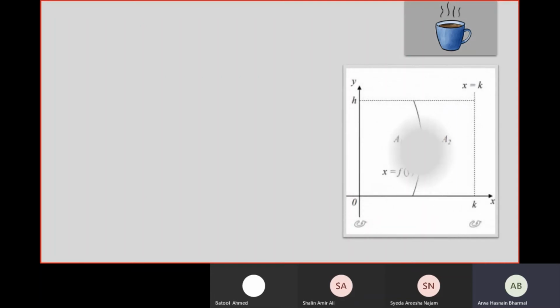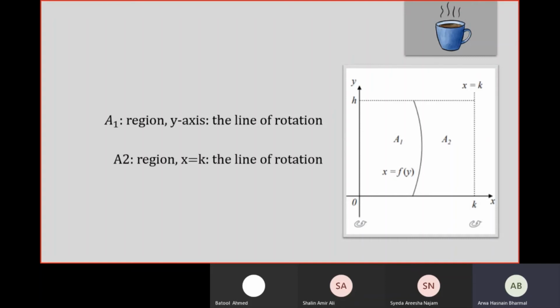Now, if we consider the problem at hand and we apply Pappus' theorem on this problem, we can see that there is this region A1, which we can consider as a region D, and the line around which it revolves is the y-axis. And then there is another region which is A2, and the line for it is the line x equals k, around which it revolves.